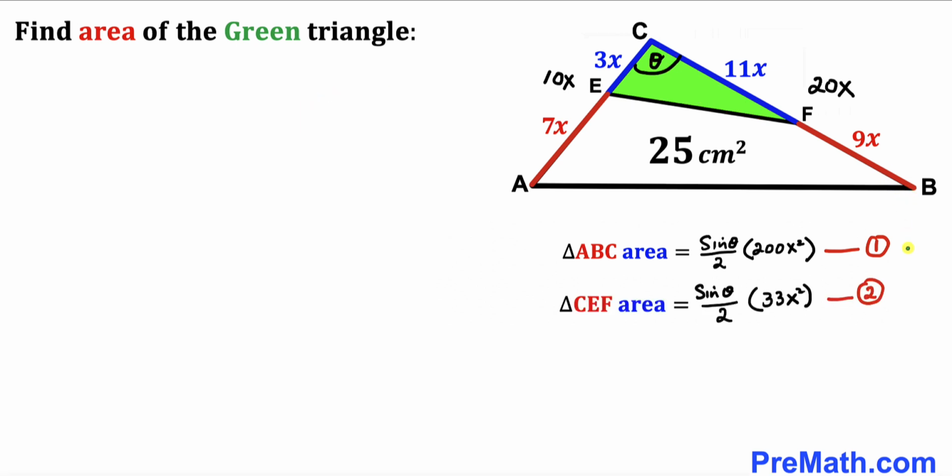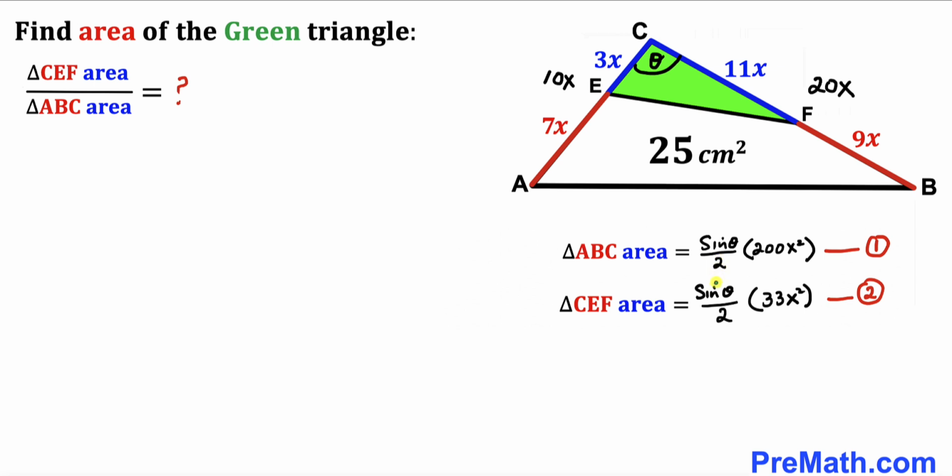So we end up with these two equations, equation 1 and equation 2. Now in the next step, we calculate the ratio of the area of triangle CEF to the area of triangle ABC.